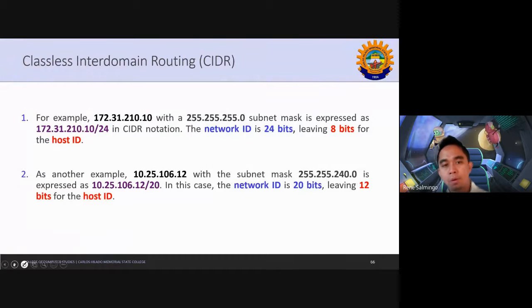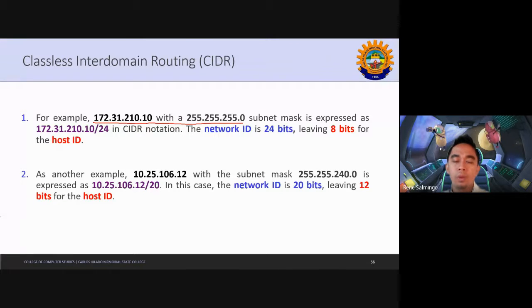Now, for example, we have this value. We have 172 dot, with the IP address of this. Now, how do we know that we have 24 bits?